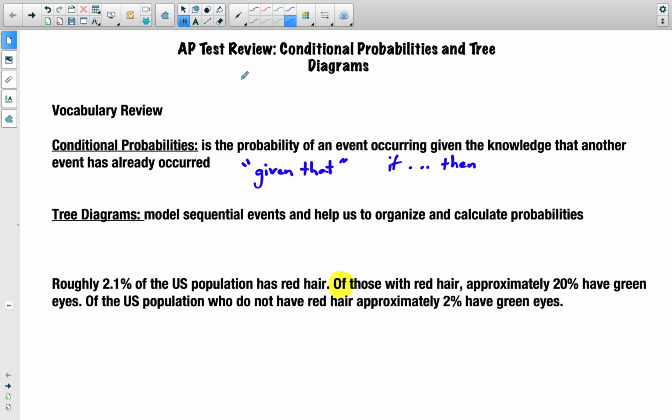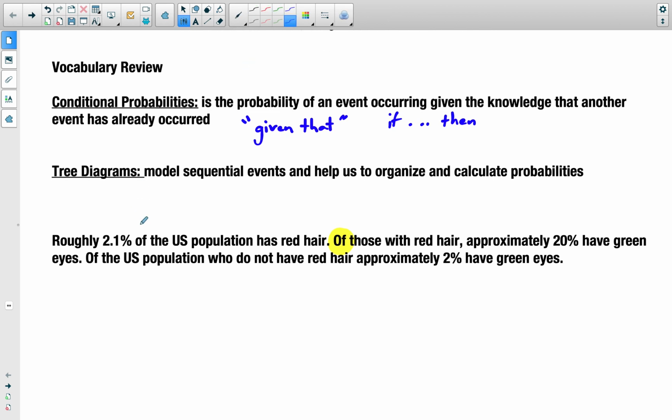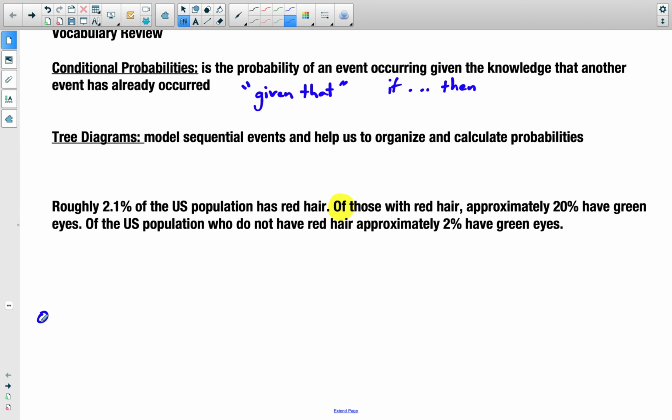So what I have knowledge of first is whether or not a person has red hair. So I'm going to draw myself a little stick figure representing a randomly selected person in the U.S. population. The probability they have red hair is 2.1%.